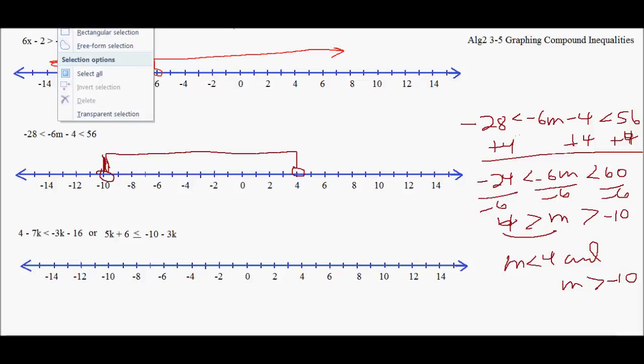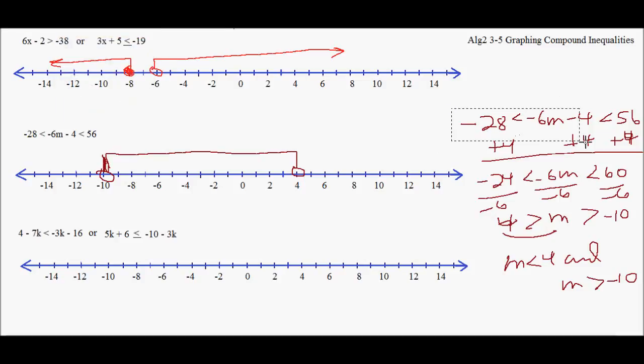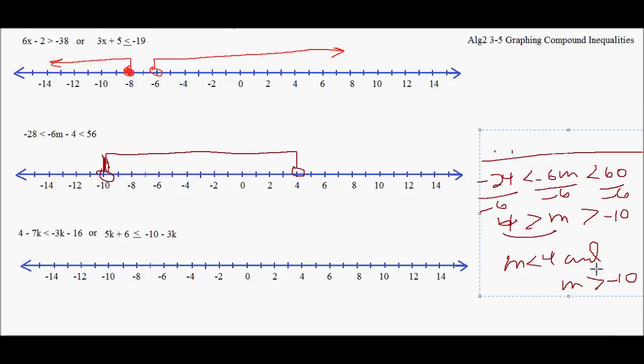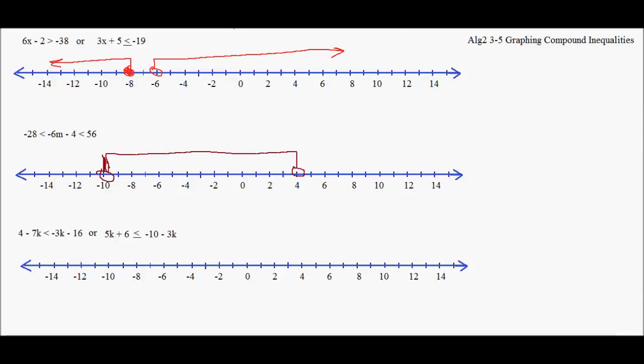Okay. Last one. So let me just erase that. And let's do light blue, I guess. Okay, so the first one is negative 4 minus 7k less than negative 3k minus 16. So I'm going to add 3k to both sides.